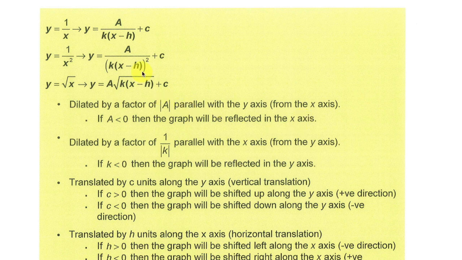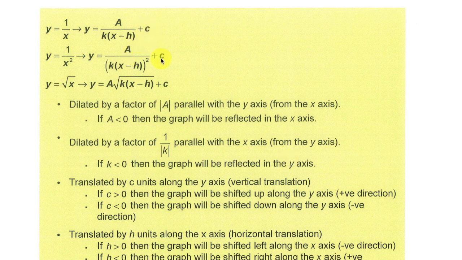Let's now take a look at the K. So these are the values immediately in front of the x. We're dilated by a factor of 1 over the size of K, again ignoring the sign, parallel with the x-axis. If K itself is negative, then we're reflected in the y-axis.